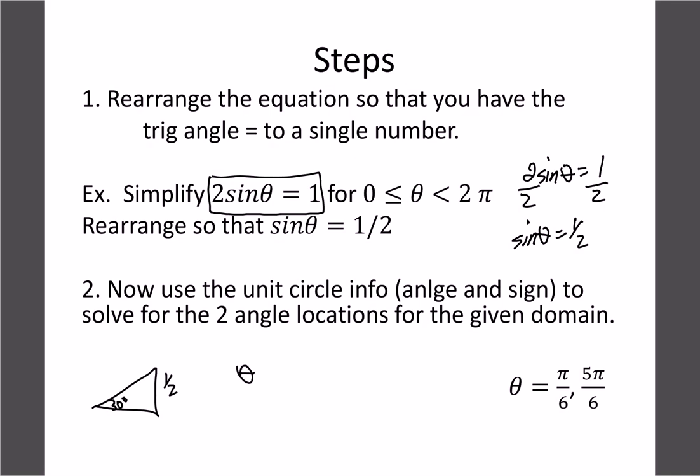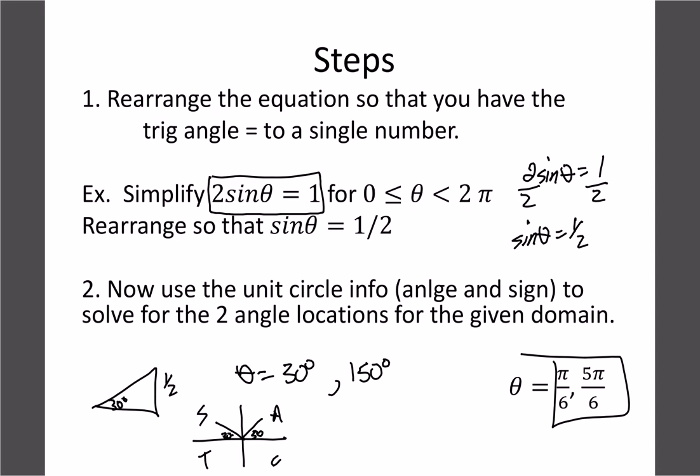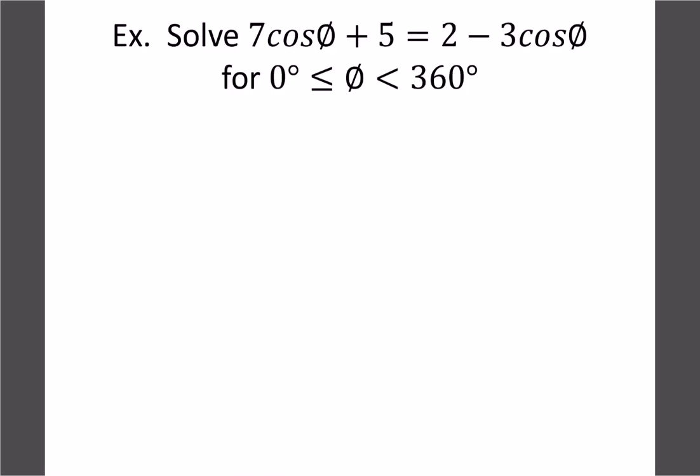So our solution has to be 30 degrees, and we can use our CAST rule. If we have 30 degrees in this quadrant, it's also positive for the sine in quadrant 2, which would be 150 degrees. And once again, we want it in radians, so we can convert the 30 and the 150 into radians to get pi by 6 and 5 pi by 6. So it's a pretty easy process. Usually the challenge is to get that simplified equation.